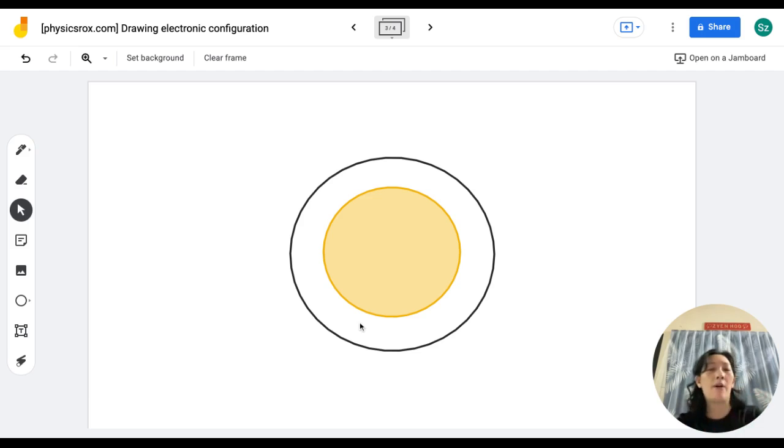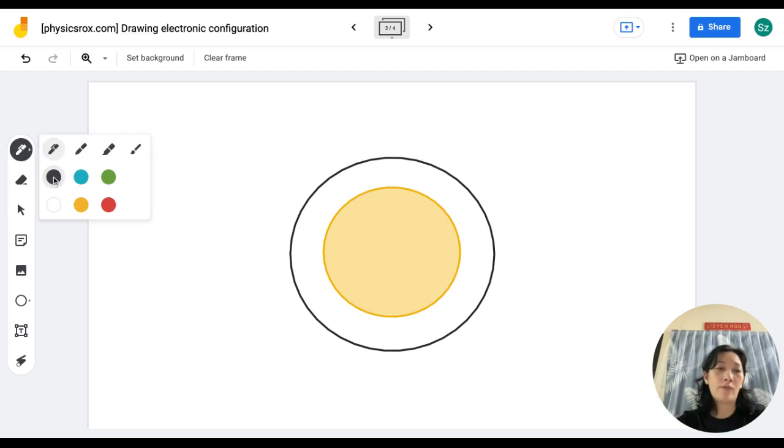We're not going to bother with the protons and neutrons inside the nucleus when we're drawing the electronic configuration, because we want to just see how the electrons are arranged in the atom. So we'll only draw the electrons. Normally we don't draw them as circles, we draw them as an X, as a cross. So I'm going to mark an X like this for the electron.